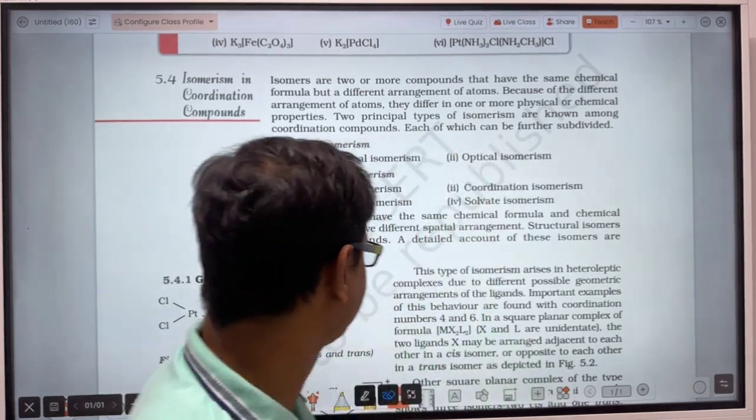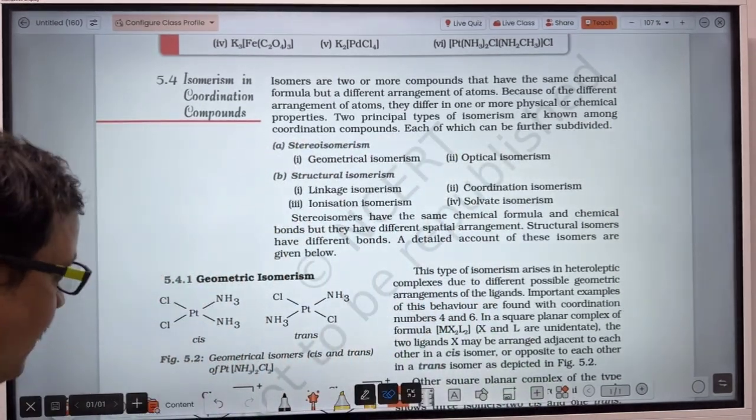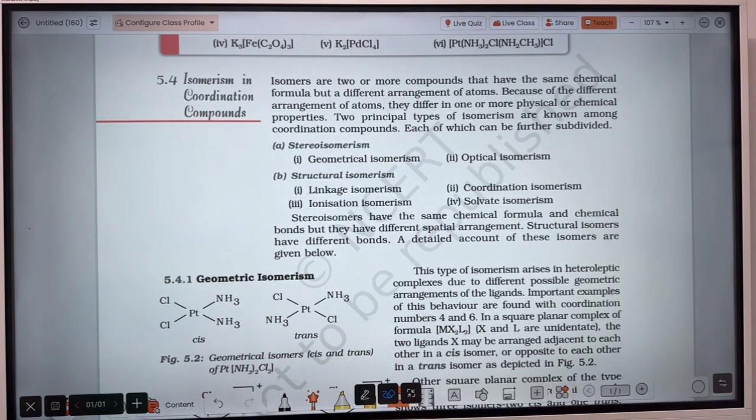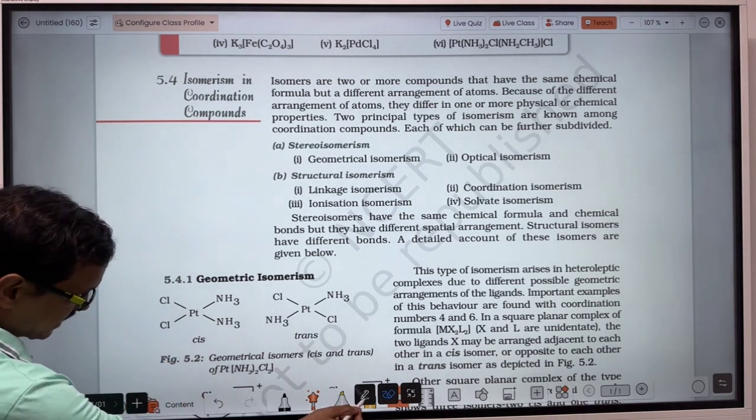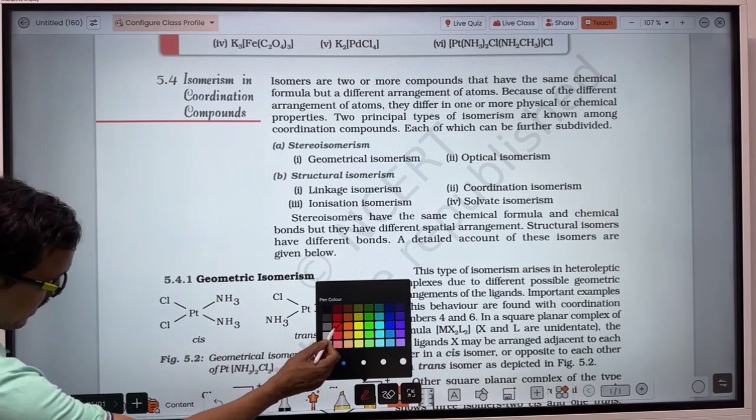Okay guys, now let's see. Firstly, geometrical isomerism. In the examination, the question will be very simple here. In geometrical isomerism, it is cis and trans; you have studied cis and trans isomers in class 11th. Very simple here. Let's see, the same type of ligand is on the same side.